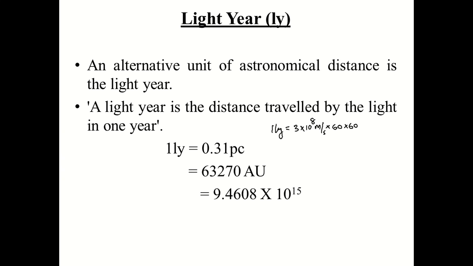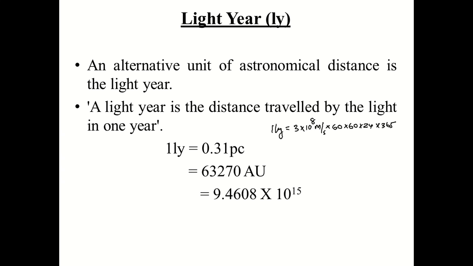So this value gives the distance light travelled in 1 hour. If you multiply it by 24, we will get the distance light travelled in 1 day. If you multiply it by 365, we will get the distance travelled by light in 1 year.